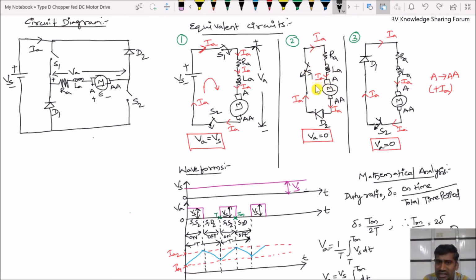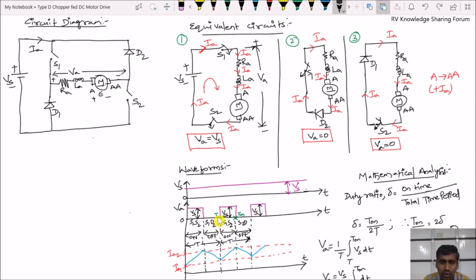If you observe, this circuit is a short circuit. Under short circuit condition, the output voltage will be equal to 0. Therefore, here our VA is equal to 0. The switch S1 and D2 are conducting. When S1 and D2 are conducting, the output voltage VA is equal to 0.